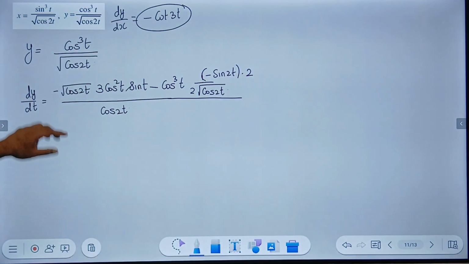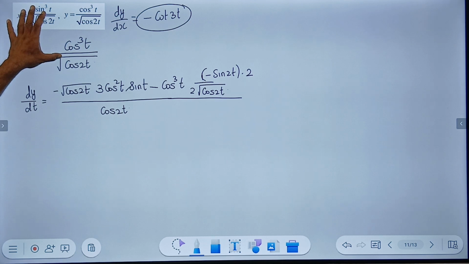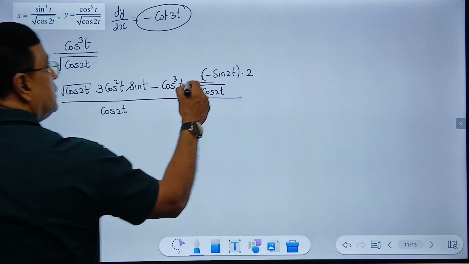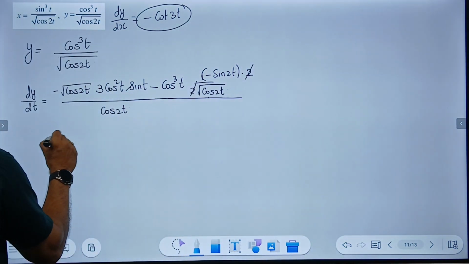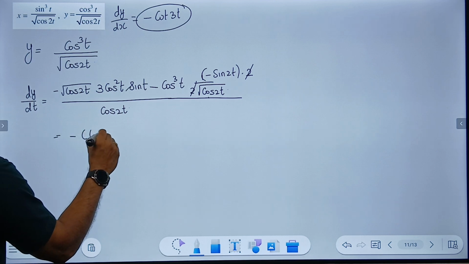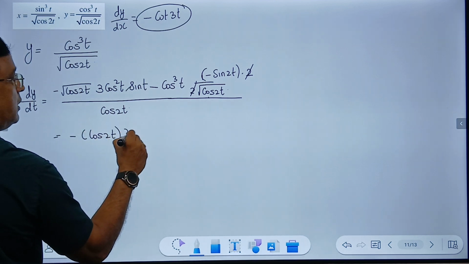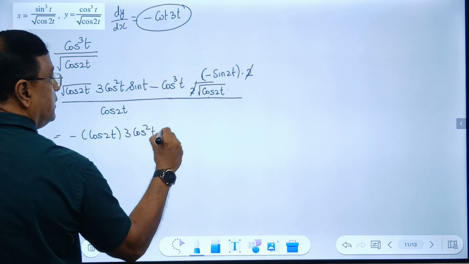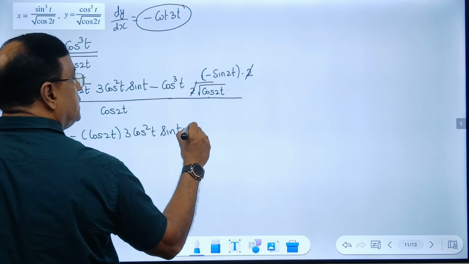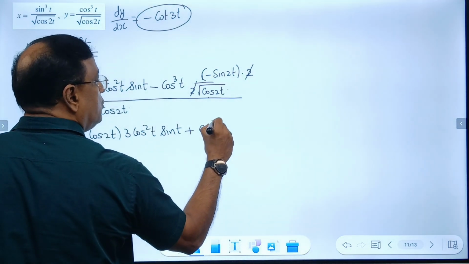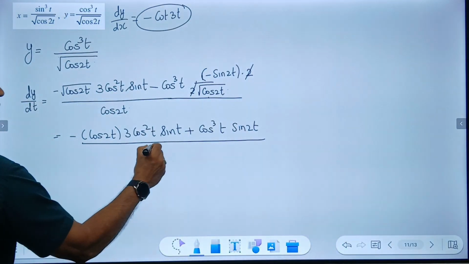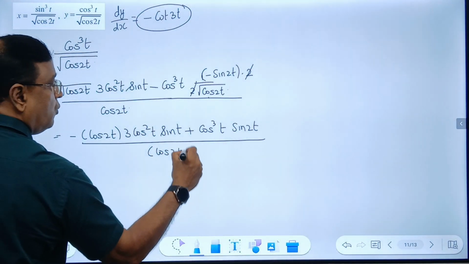Very carefully you have to differentiate. First I differentiate the root, then I differentiate cos, then I differentiate 2t. So now clearly this 2 and 2 gets cancelled. I am taking LCM. So I get minus, this will become cos 2t, 3 cos square t sin t, okay, and minus into minus is plus, cos cube t sin 2t divided by cos 2t the whole power 3 by 2.